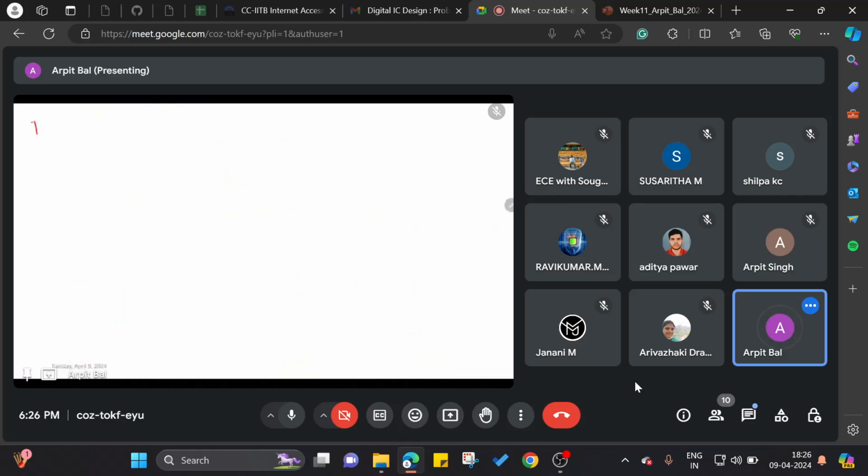Then D is equal to GH plus P, for I1, I2, I3, I4, I5, I6.